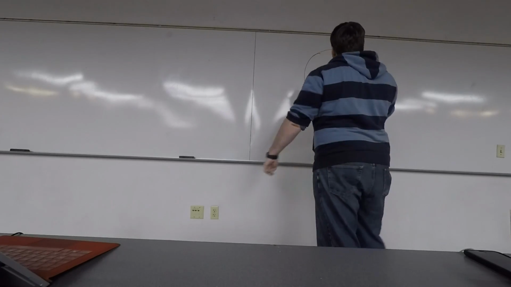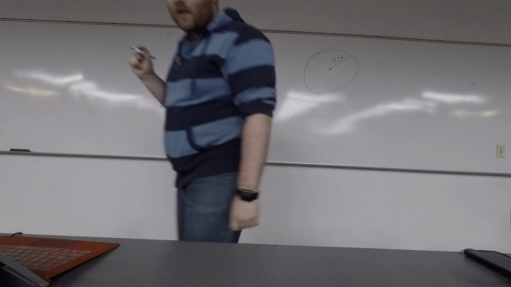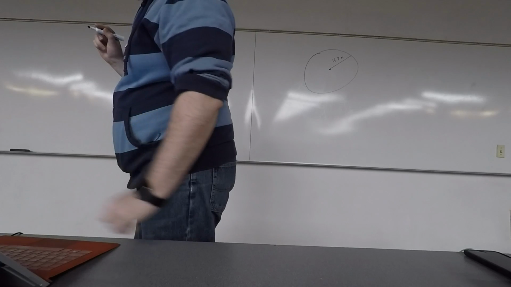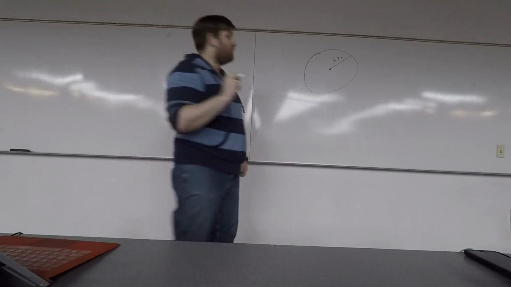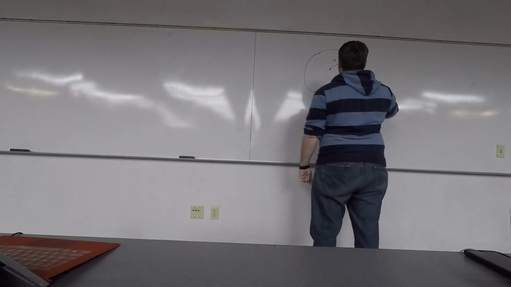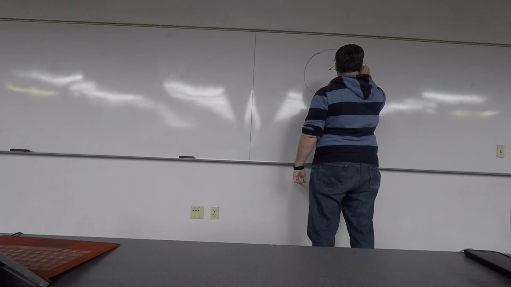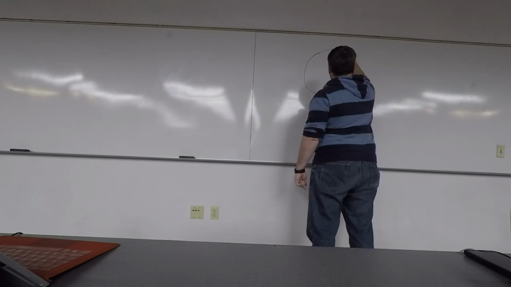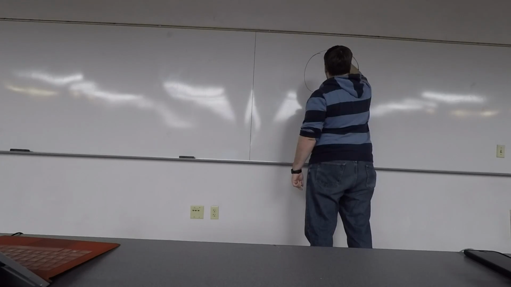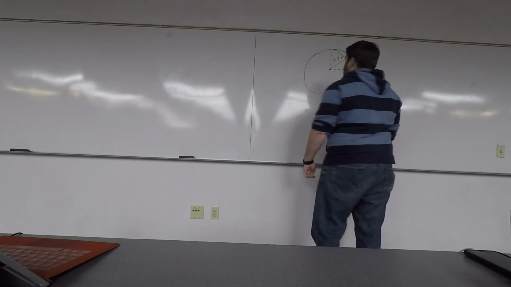And then it says if he coasts around 1/4 of the circle, find the magnitude of the displacement vector. So let's say he's here. He coasts 1/4 around here. The displacement vector is this, right?